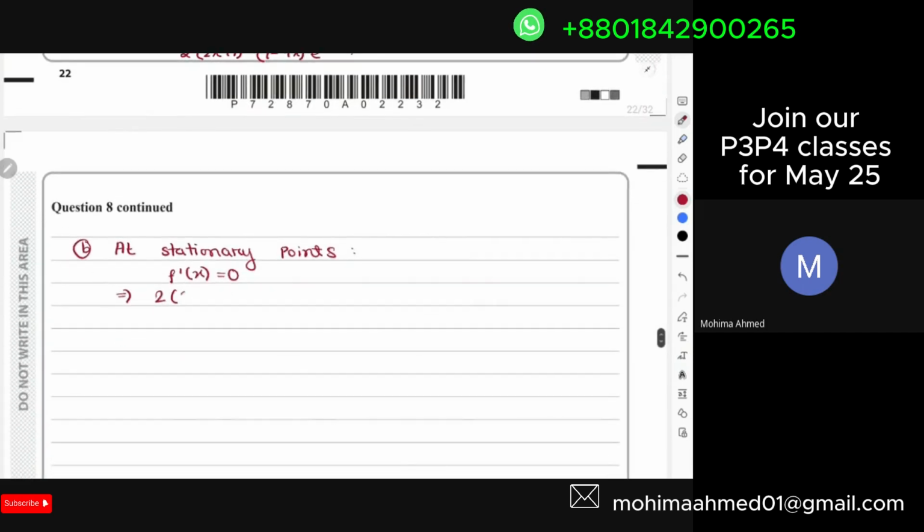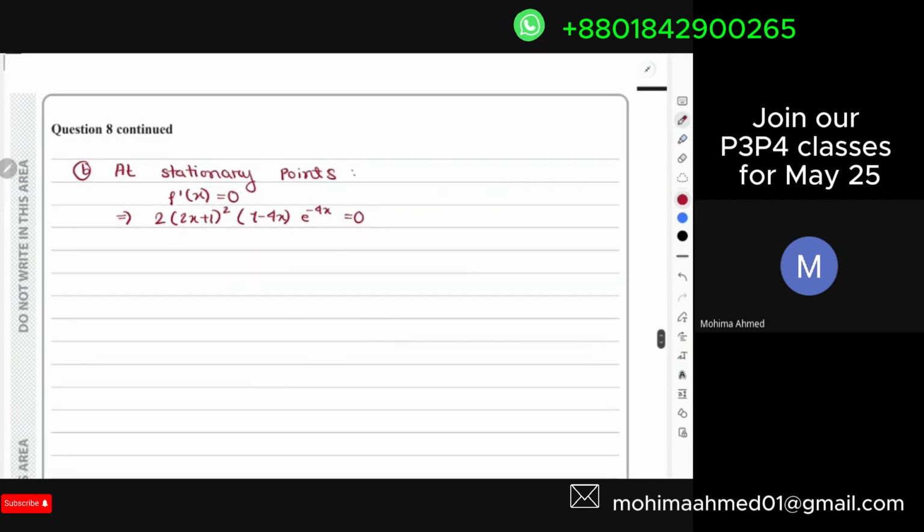Now if I write it down over here, (2x plus 1) square, (1 minus 4x) and e power minus 4x equals 0. That means we basically have 2 e power minus 4x, (2x plus 1) square, and (1 minus 4x) equals 0. So then again, we can write 2 e power minus 4x equals 0.